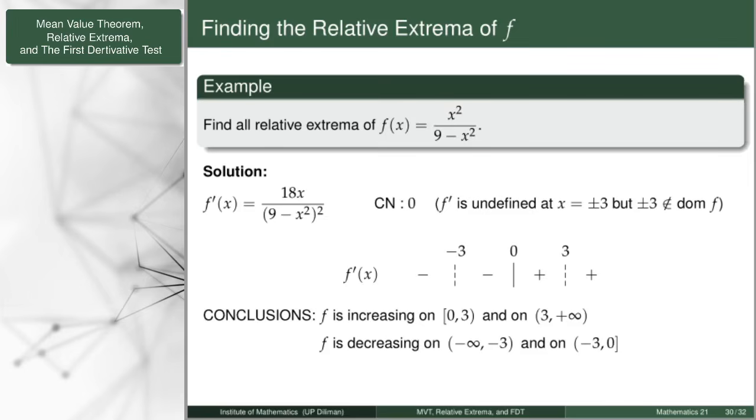Because for you to be able to include the endpoint, you should be continuous, but you are not because f is undefined at these points. And we can now conclude that you have a relative minimum at 0 because you go from decreasing to increasing.